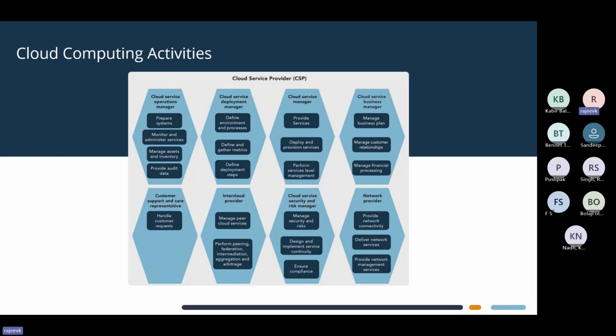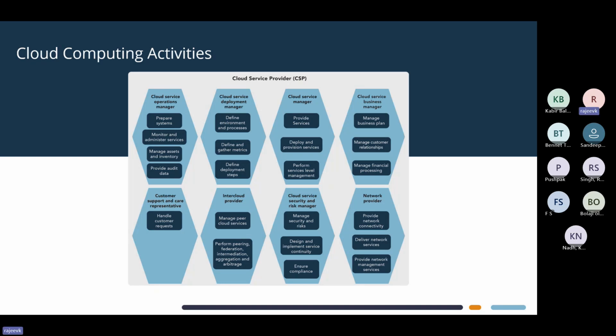And in NIST, what are the roles defined? In ISO, what are the roles defined? I know this is a little boring because when it comes to the technological side, we are looking to gain more and more insight into the technology part. But this is important when it comes to the knowledge of cloud.